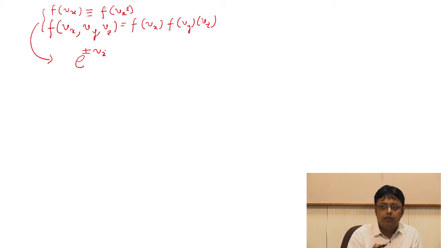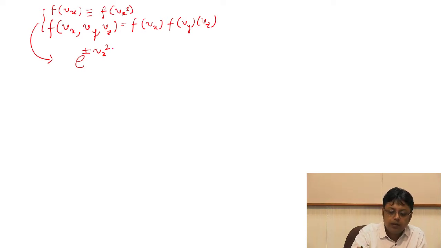Or v square. Why? The reason it goes like this. So we know that v square is vx square plus vy square plus vz square.